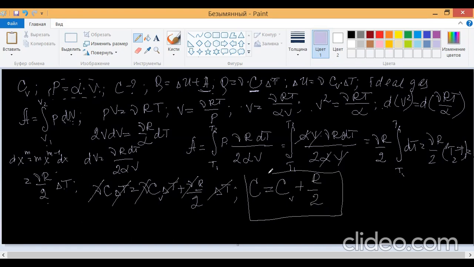This is the formula which allows us to calculate the heat capacity of ideal gas which complies with this behavior characterized by this formula.